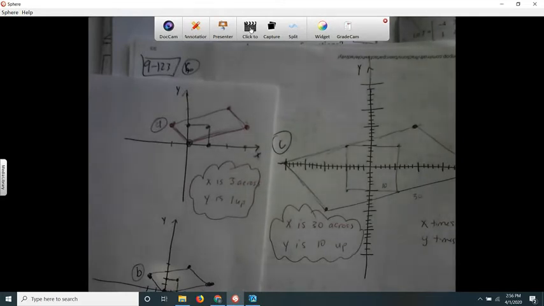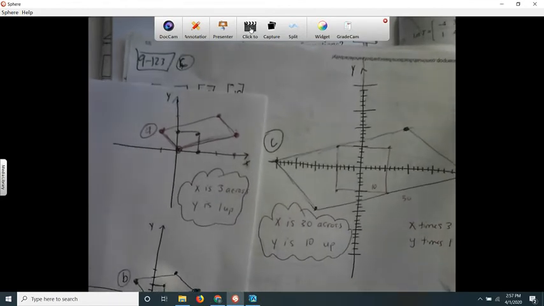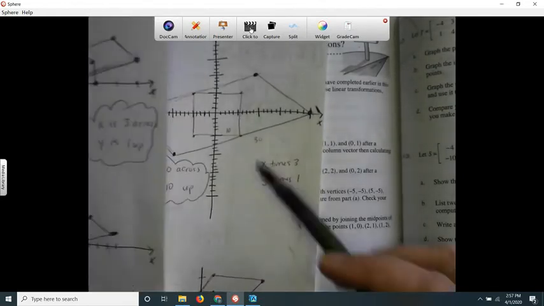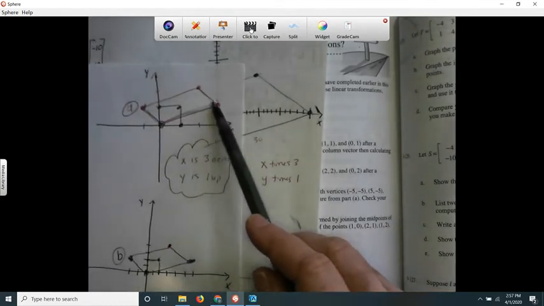And they even appear to be parallel, like they're going the same way. So what does your answer book say? Your answer book said it's a parallelogram with sides parallel to those of the image of part A, but 10 times larger. You might have noticed that. This one's 10 times as large as this one, if you measured.